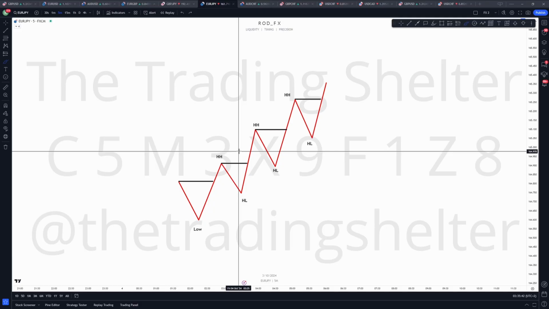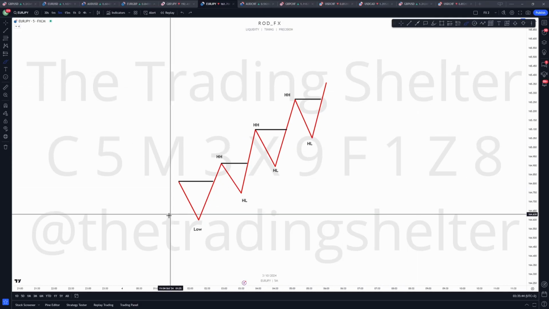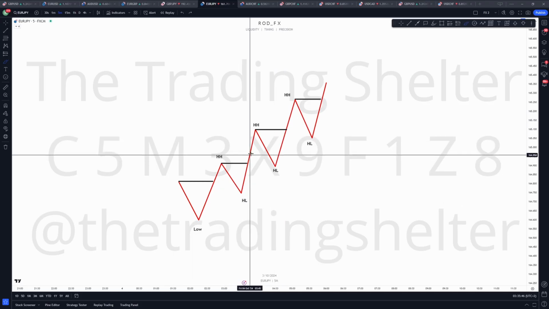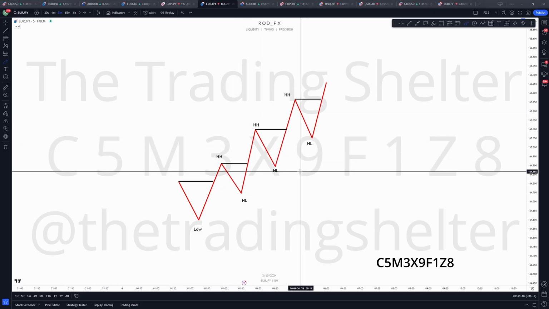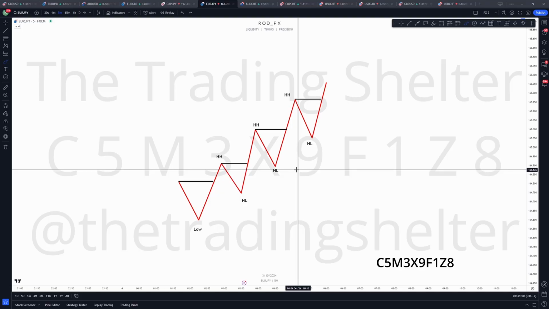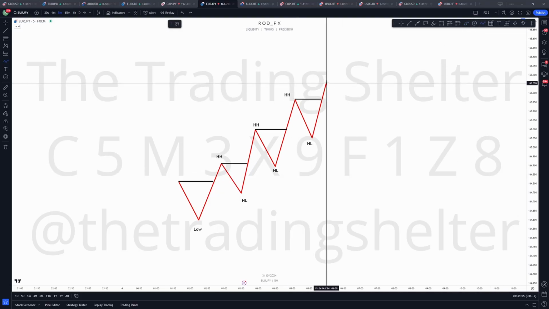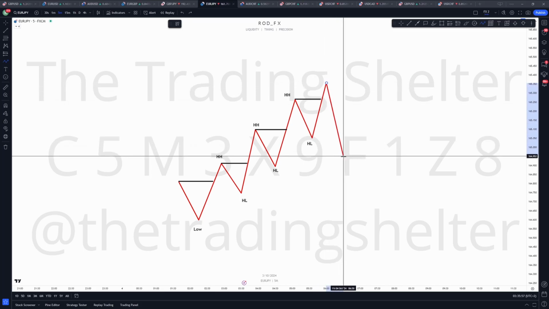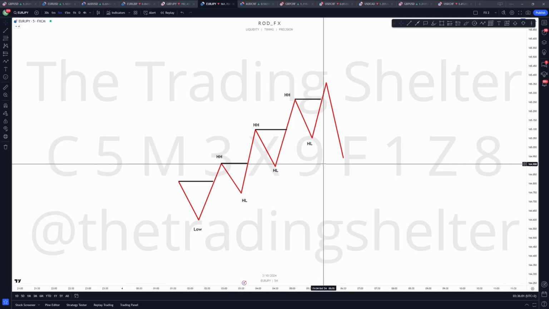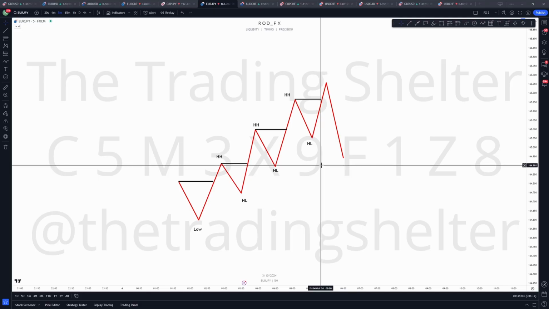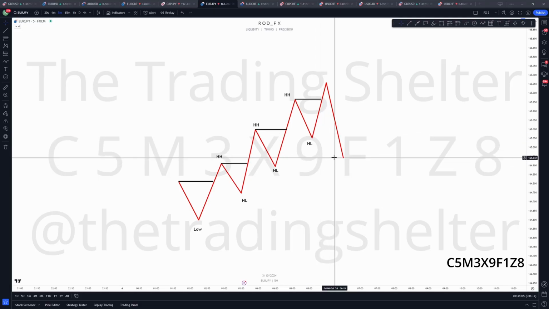Now, this is basic. So if you see structure closing below, how do we call this? Right? This point in here.